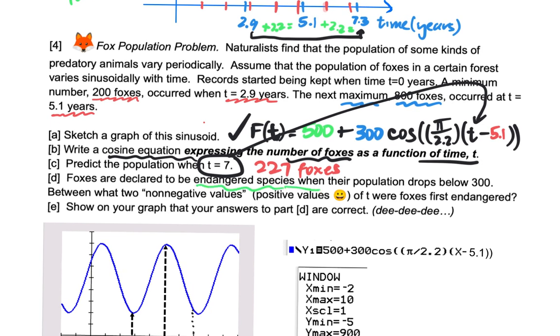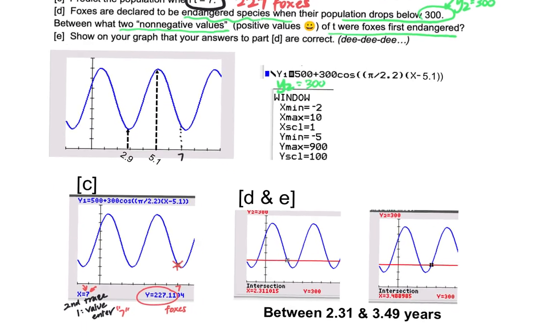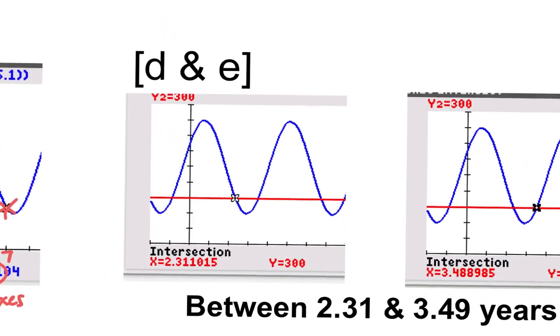Foxes are declared endangered species when their population drops below 300. Okay, between what two non-negative values of t were the foxes first endangered? This is IB's way of saying let y2 equal 300. So we're going to go to y2 and we're going to type in a 300. It will draw a line going across.